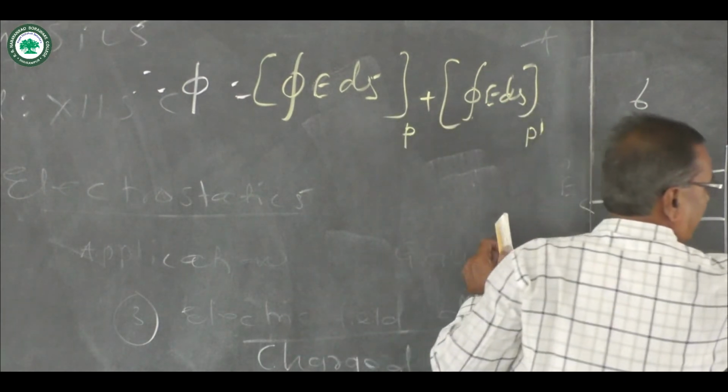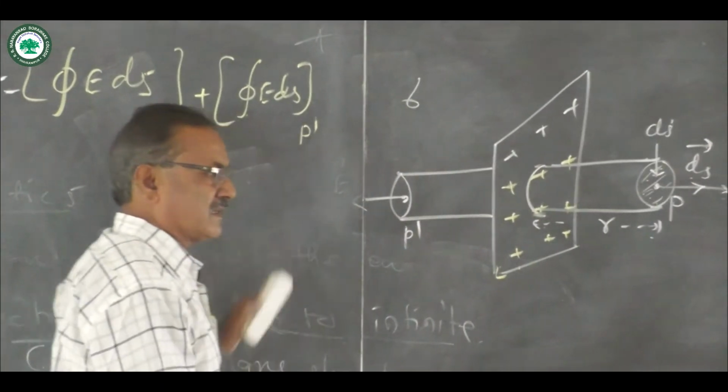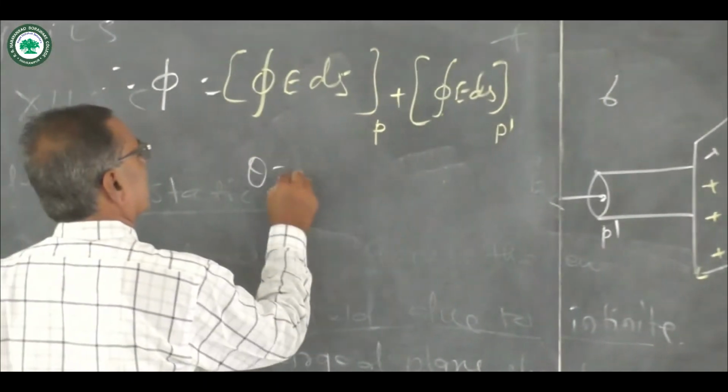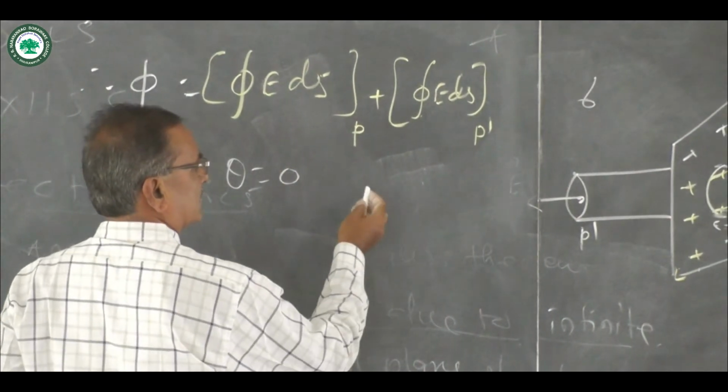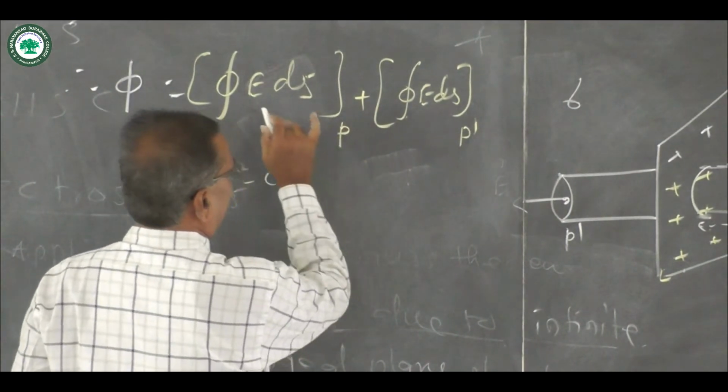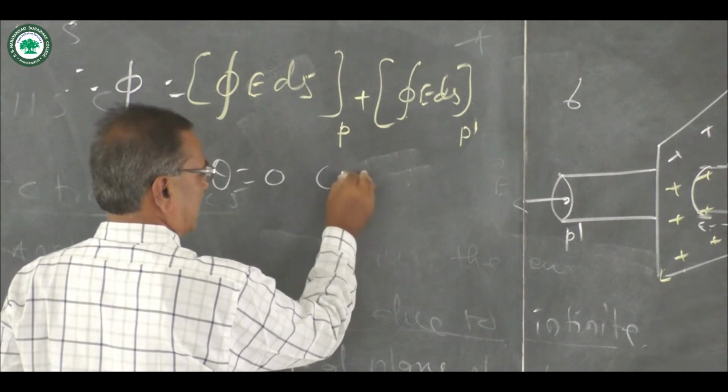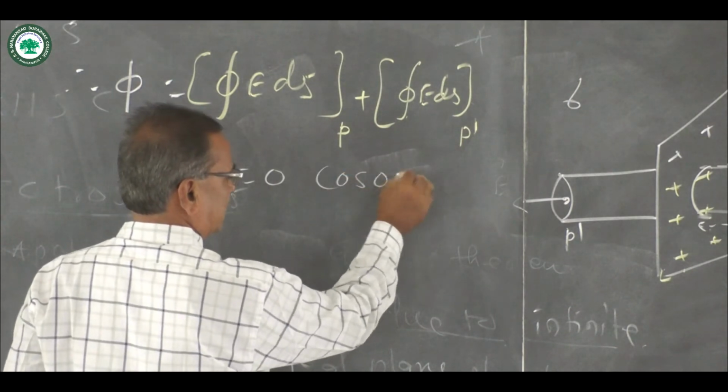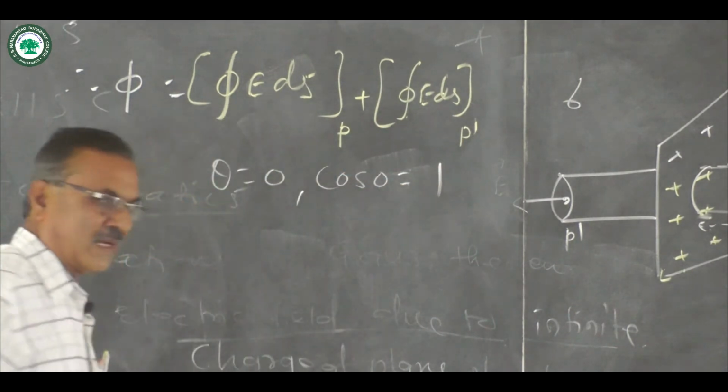Here vector E and vector ds are along the same direction, so theta is 0 degrees. If we take the dot product of the two vectors, then E ds cos theta, and cos 0 is 1.